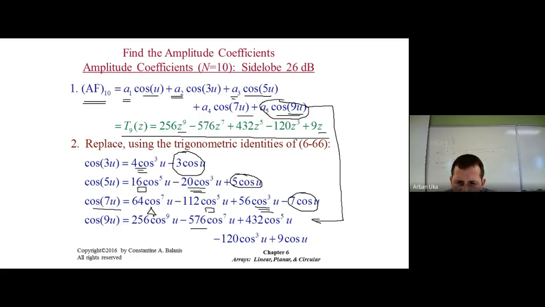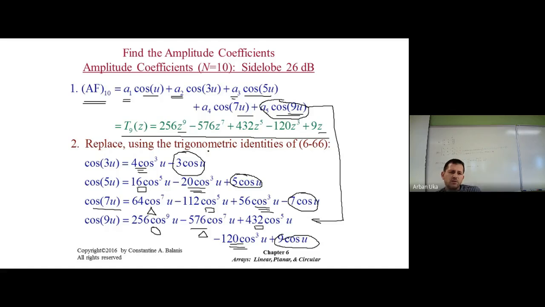So let's use different notations. We come back here: fundamental frequency, cosine to the power 3 with a symbol here, cosine to the power 5 we mark with a square, cosine to the power 7 we mark with a triangle, and cosine to the power 9 let's mark with a square.